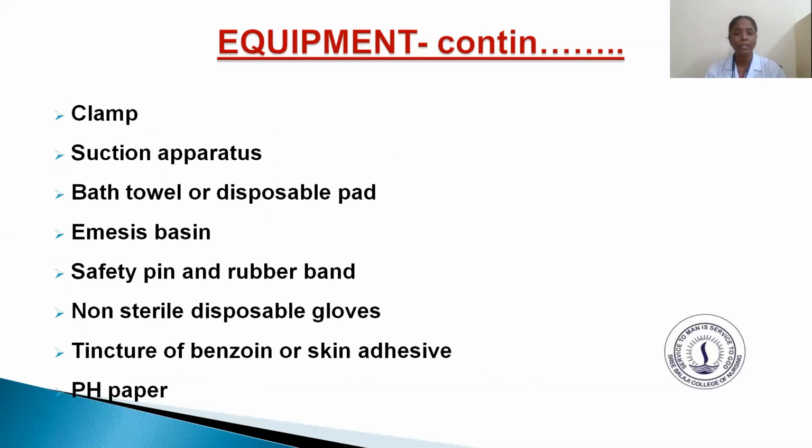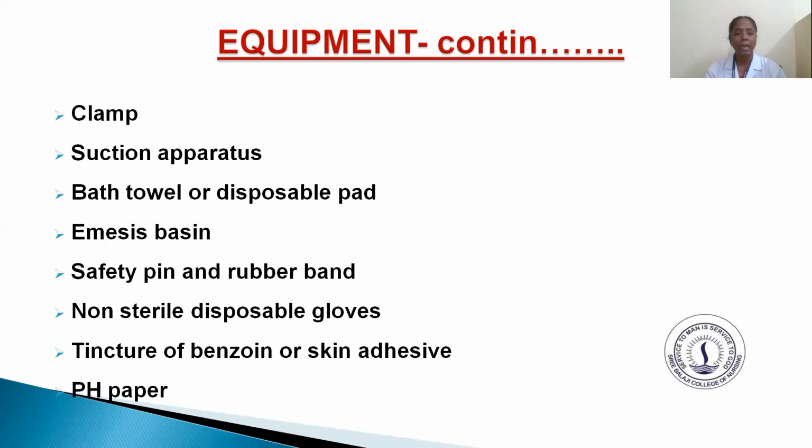Not only that, other equipment includes a clamp. When you start to administer the feeding, one tumbler at a time, and the first tumbler is over, before taking another tumbler you immediately clamp the NG tube, so the stomach contents are not let out and air does not enter the tube.